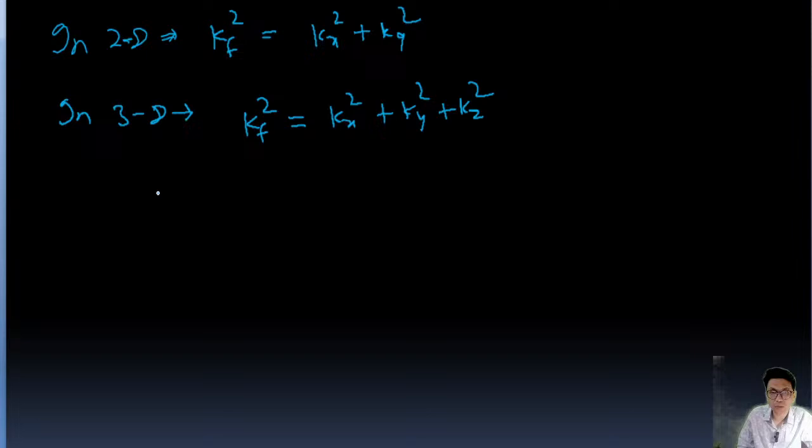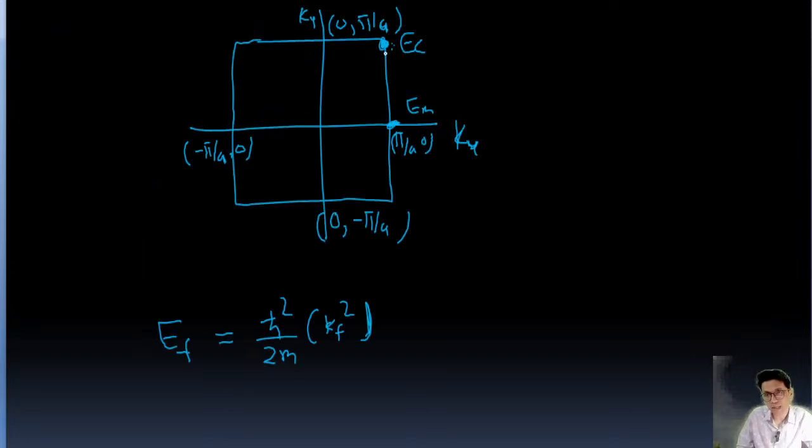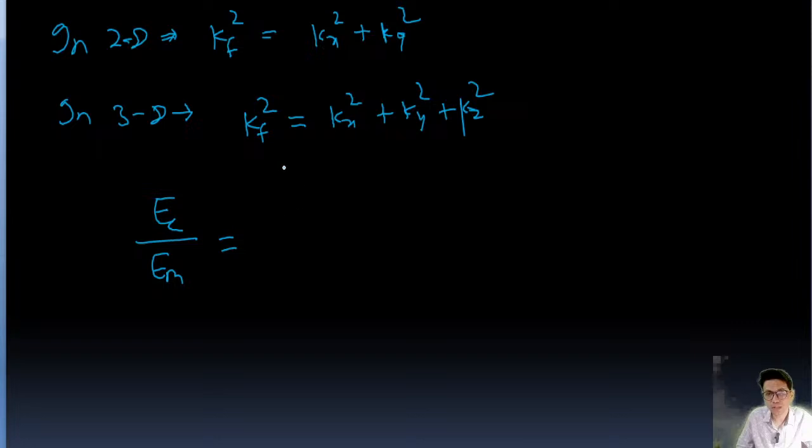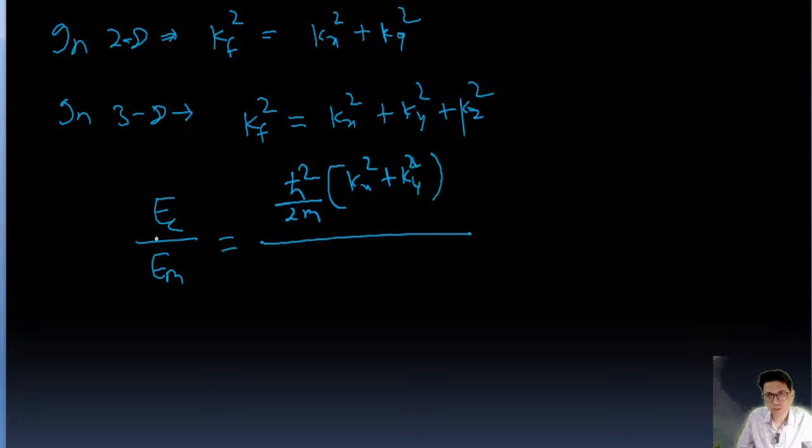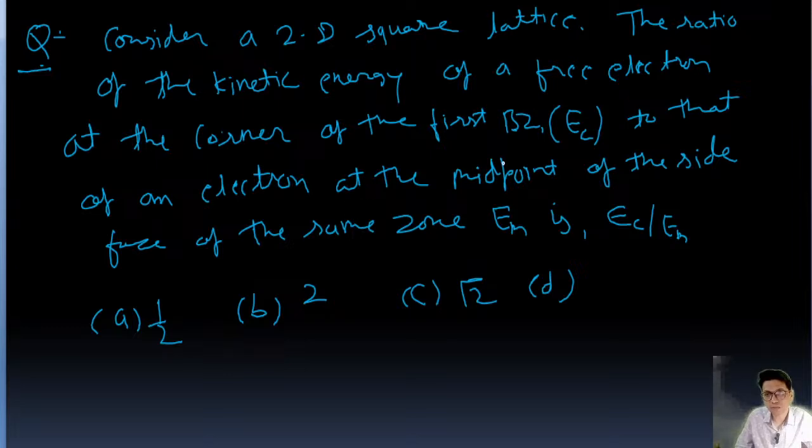Okay, so now we are going to find EC, the kinetic energy, EC upon EM, right? Kinetic energy at the corner and kinetic energy at the midpoint of the side of the same zone, right? So we'll just put the values. EC value is ħ squared upon 2m into kF squared, which is kx squared plus ky squared.